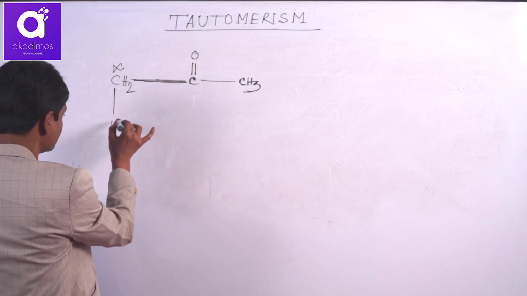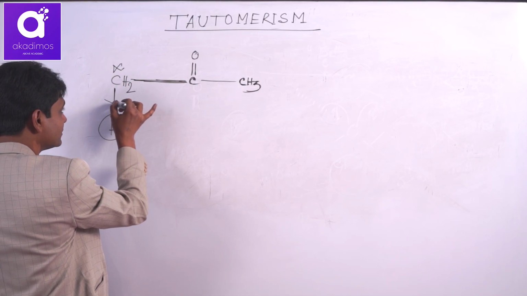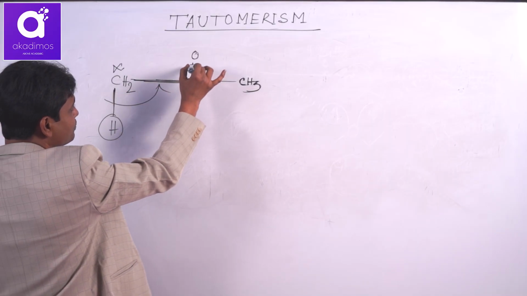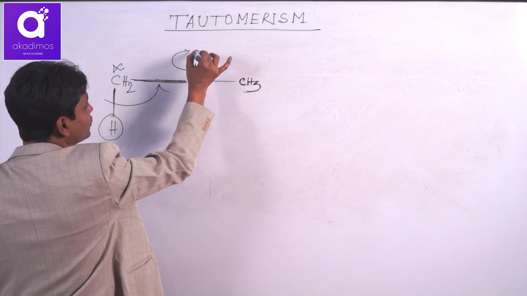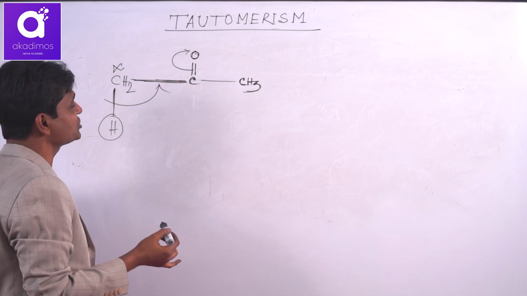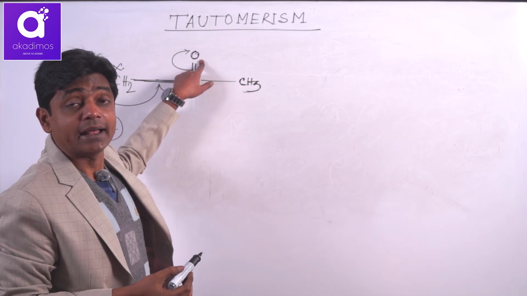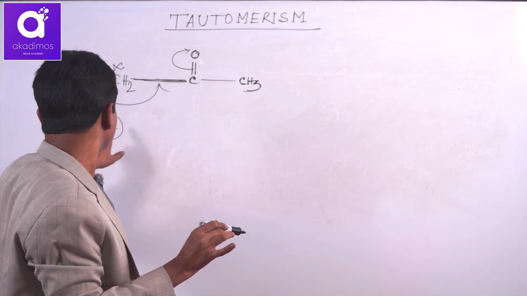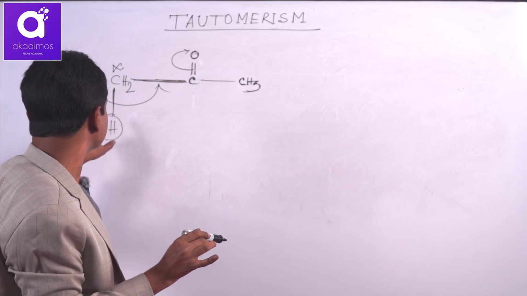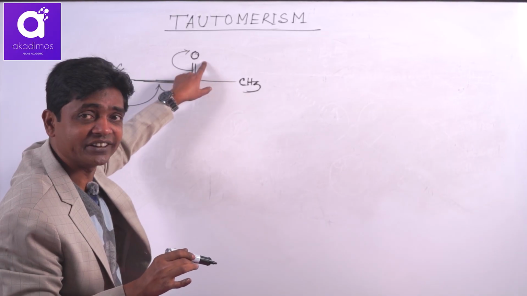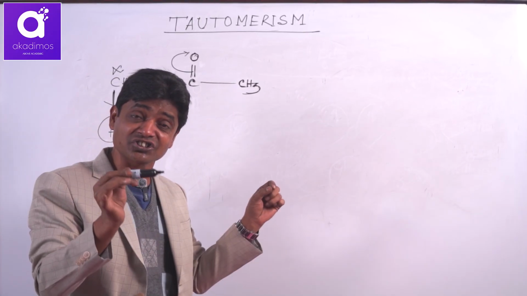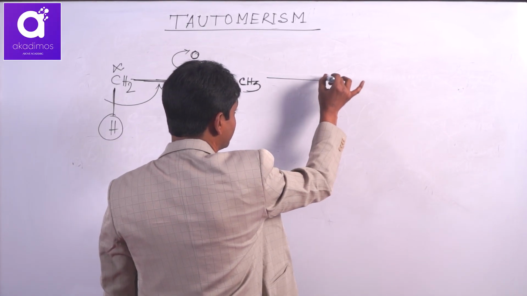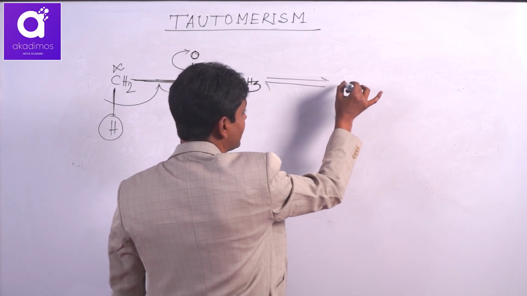Like hyperconjugation, this alpha hydrogen sigma C-H donates to the pi antibonding of C double bond O. Now you will get minus charge on oxygen, and that minus is stable enough for H plus to go from this end to this end. And you will get a new structure which really exists and gives a reversible sign.